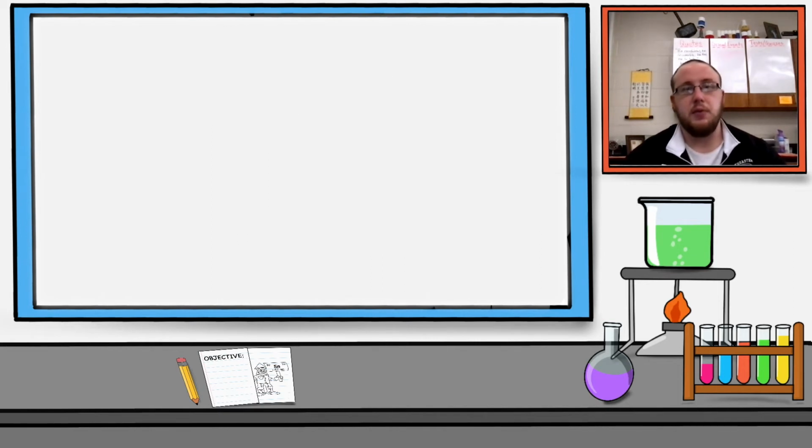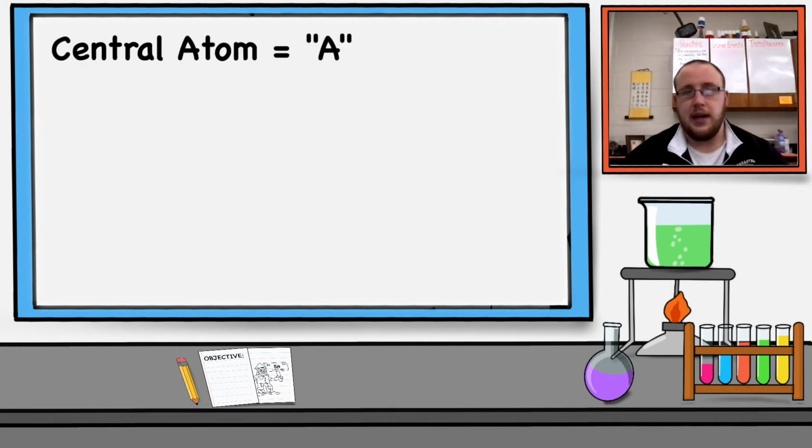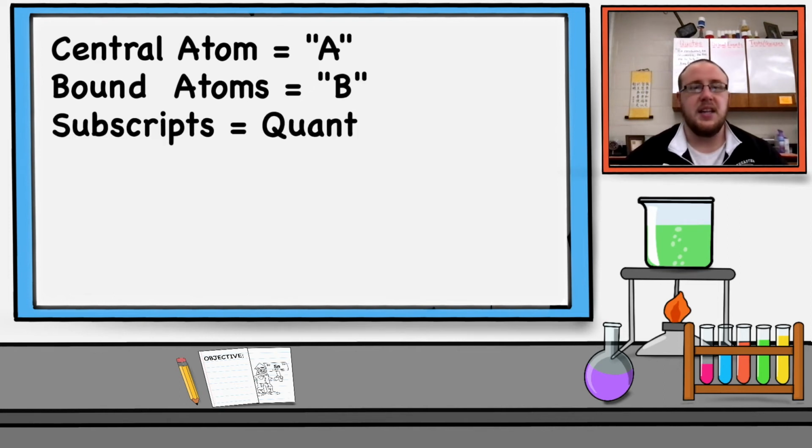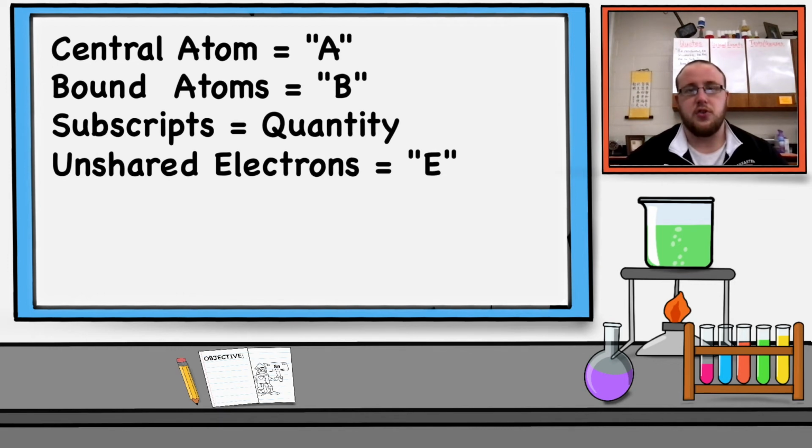In VSEPR, we represent atoms and electrons using the following. The central atom we are going to represent with the letter A. The atoms that are bound to the central atom are represented by the letter B, and any subscript after that letter is going to tell you how many of those atoms there are. And finally, the letter E represents unshared electron pairs.